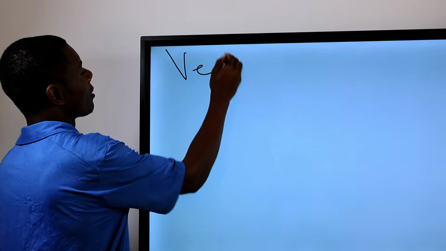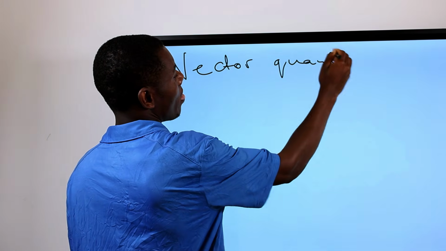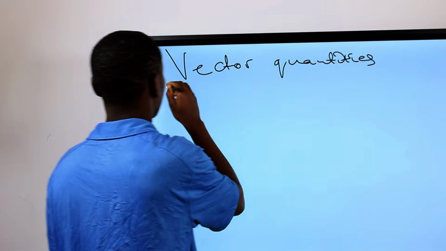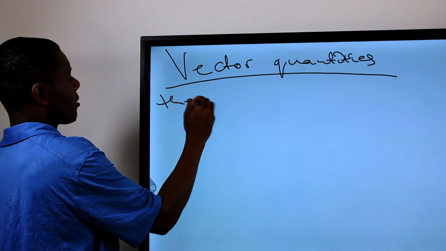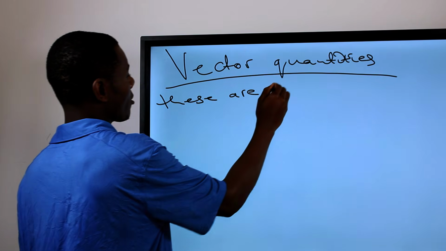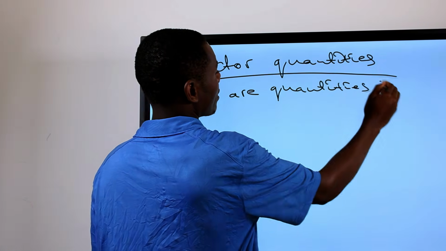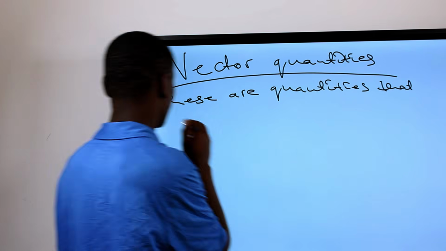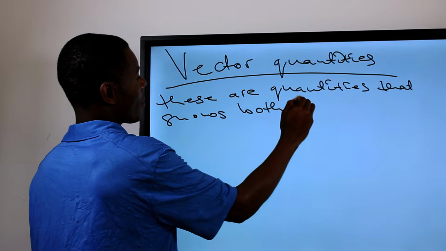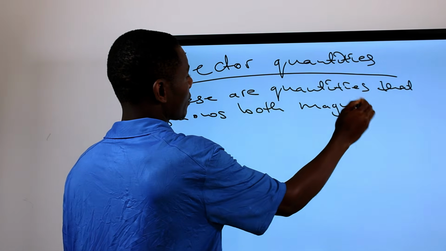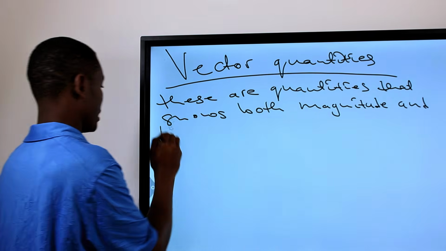Vector quantities, these are quantities that show both magnitude and direction.